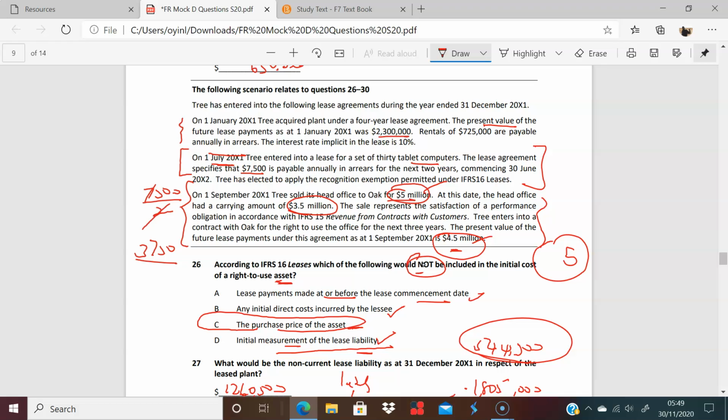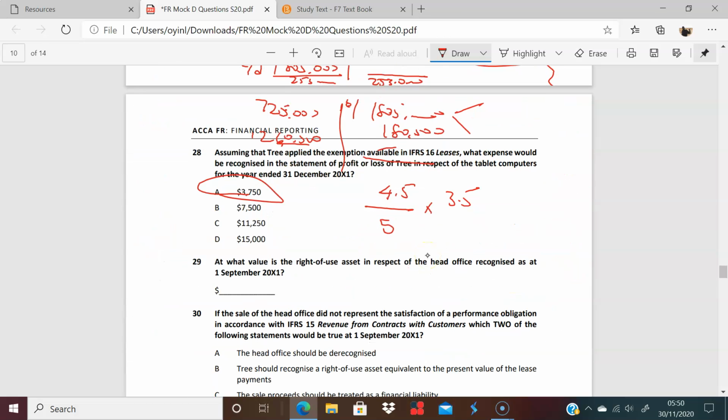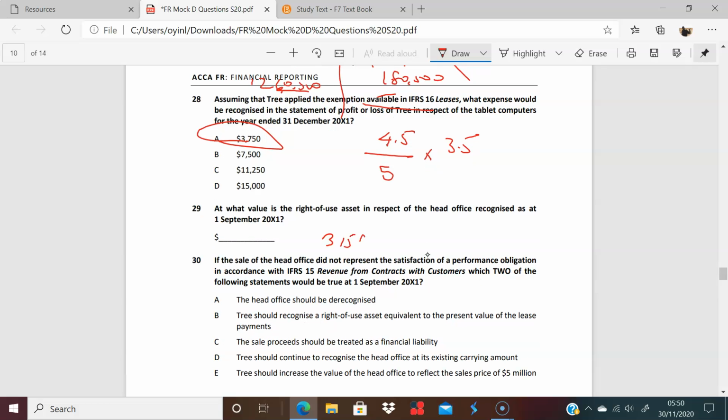So what proportion have you sold? You've sold 0.5 million as a proportion of 5 million, so you haven't sold 4.5 million as a proportion of 5 million. So what proportion is that? That's 4.5 over 5 times 3.5, and that comes to 3.15 million. And that's how you deal with that.